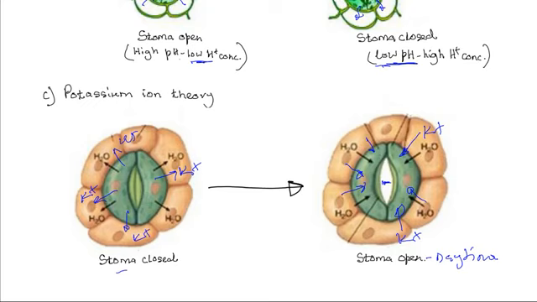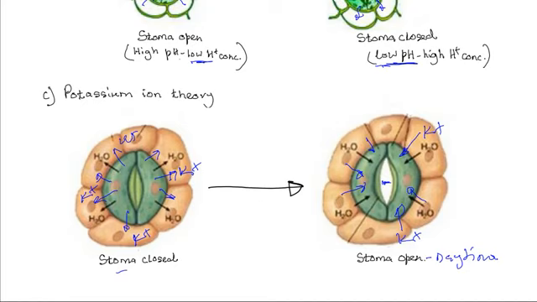Now at night, in the absence of energy, there is diffusion down a concentration gradient. So with the outflow of potassium ions, the osmotic pressure of the guard cells will drop, resulting in loss of water by osmosis to the surrounding epidermal cells. The guard cells become flaccid, they draw toward one another, leading to the closure of stomata.